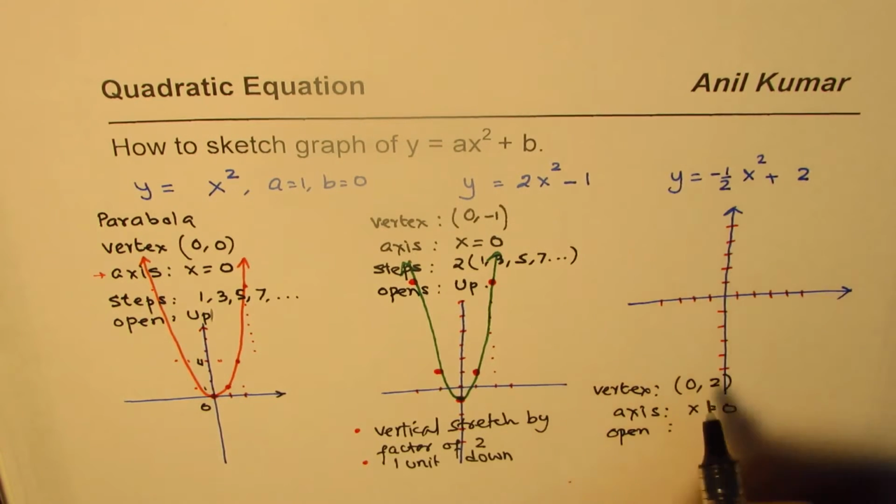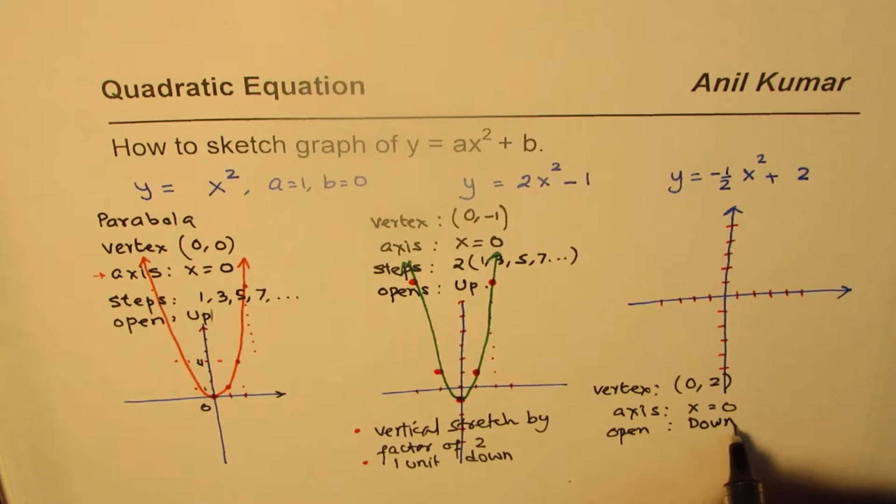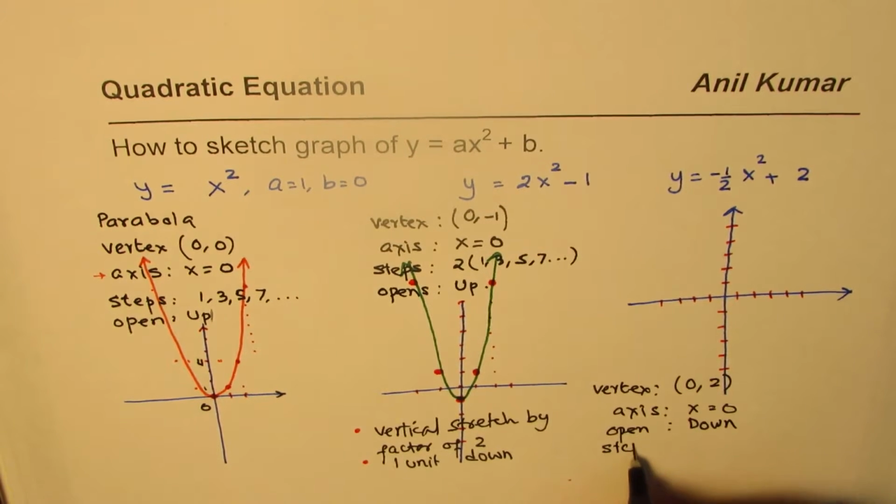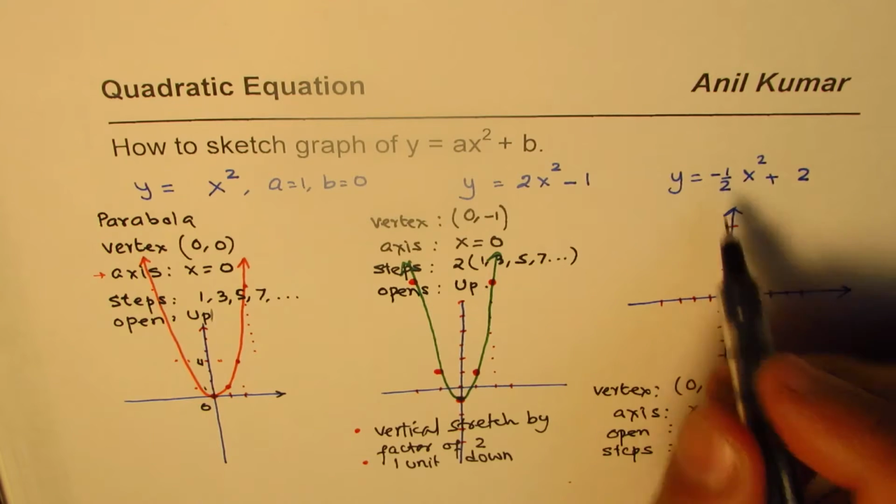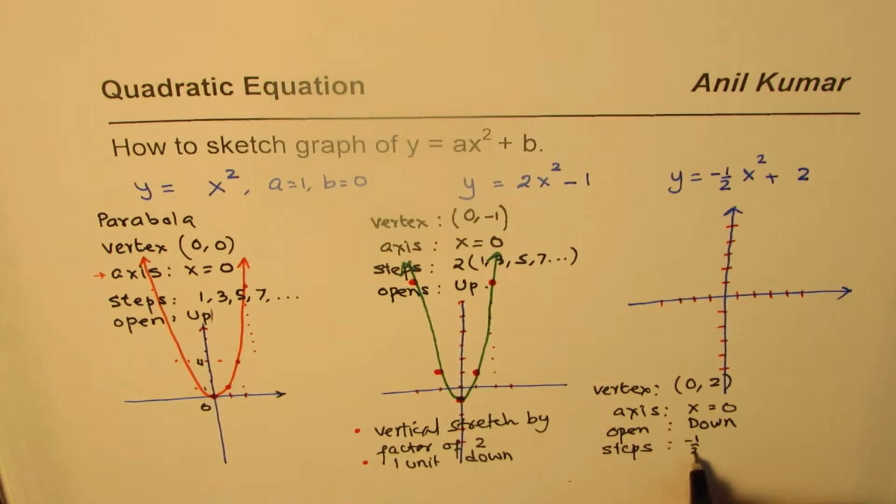Since this is negative, it opens downwards, and the steps in this case are minus half. So you write minus half times 1, 3, 5, 7 and so on, correct? Okay. So that means the first step is minus half. When you multiply, minus half means opens downwards. Do you get the idea? So these two are related, kind of.